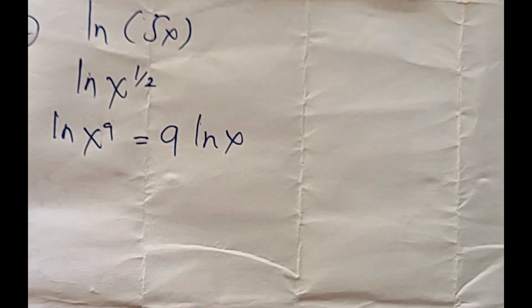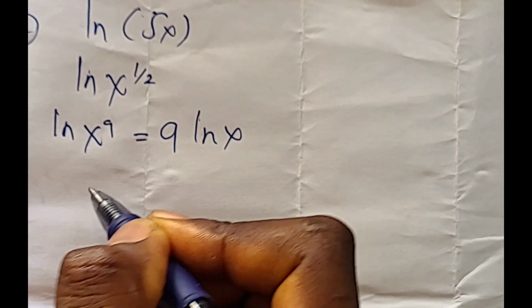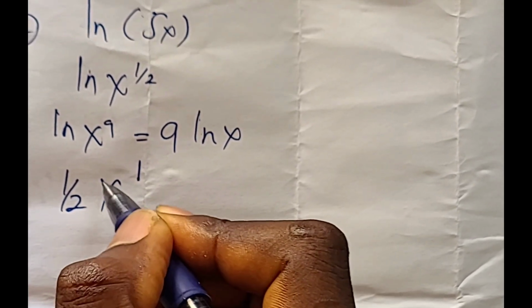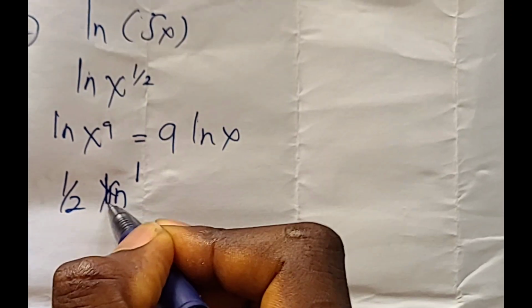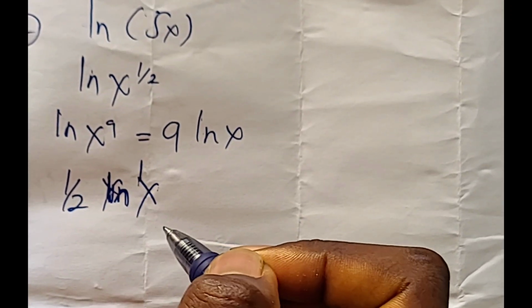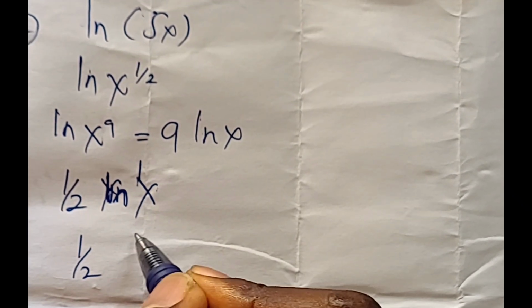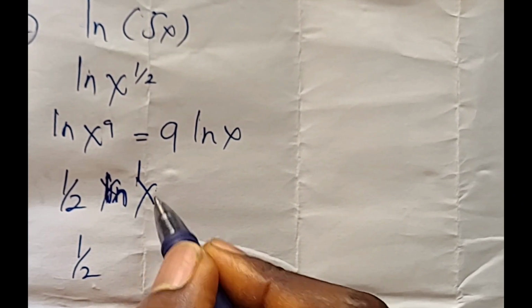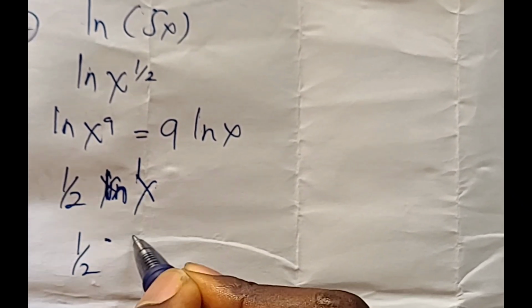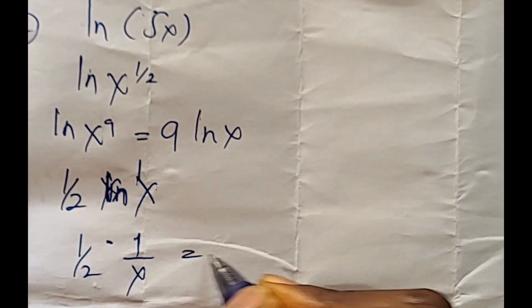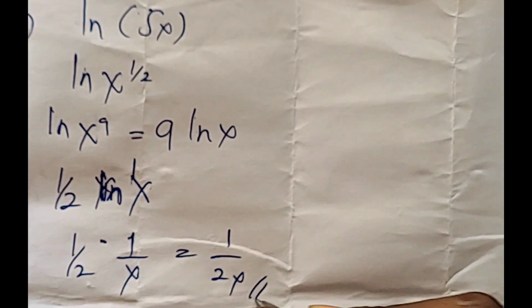So we apply the rule here, and you have half of ln x. Hope you understand what I did. When you differentiate ln x, you have 1 divided by x. So when you multiply it, you have 1 over 2x. So this is the answer.